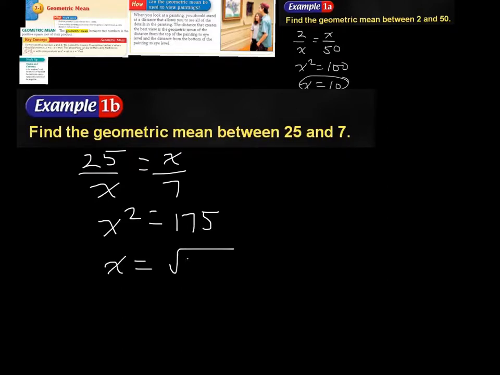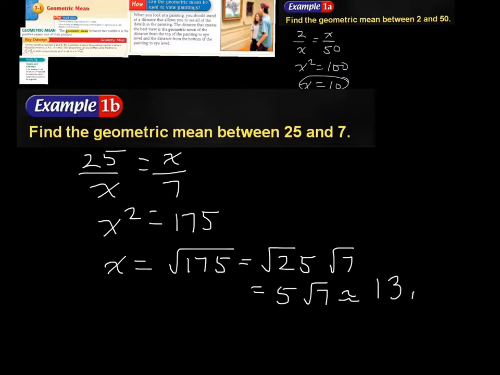And remember, when we simplify radicals, we could rewrite that square root of 175 as square root of 25 times square root of 7. Square root of 25 is 5. We're stuck with the square root of 7 unless we approximate using a calculator. There's my terrible approximation symbol there. And going to the nearest tenth would be 13.2.